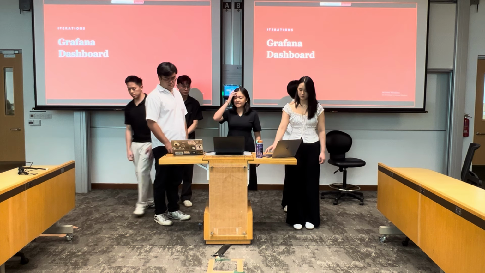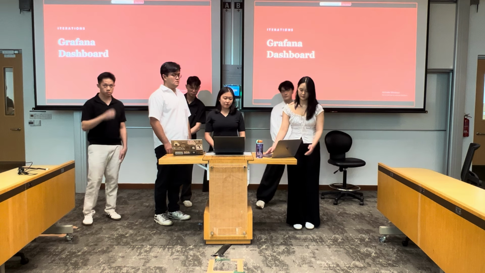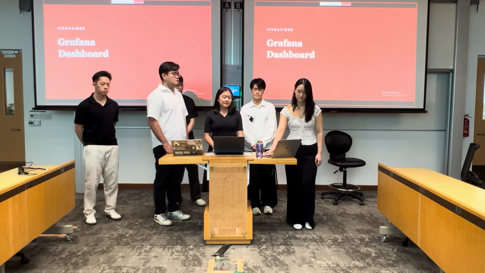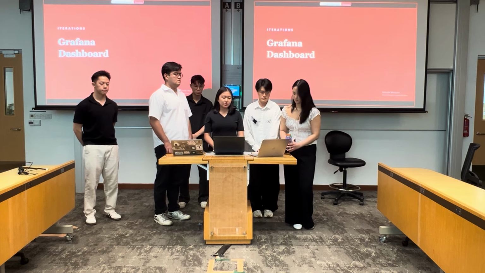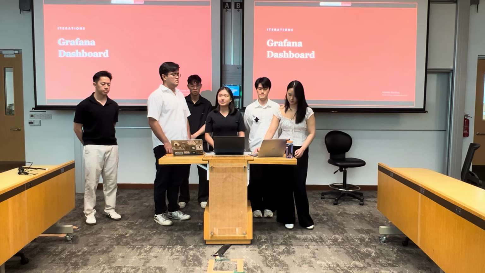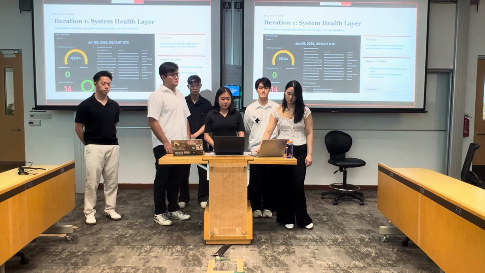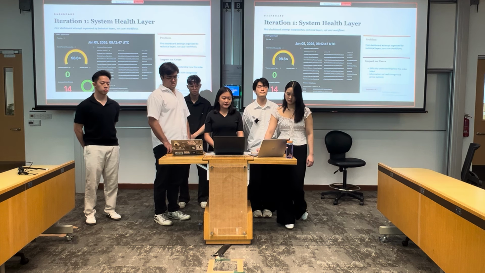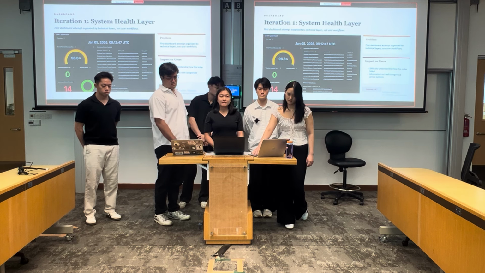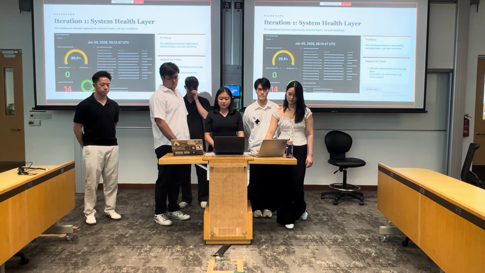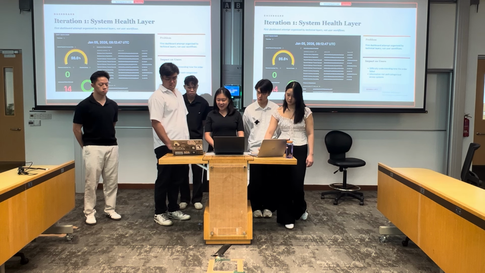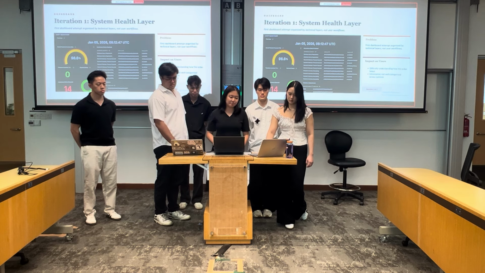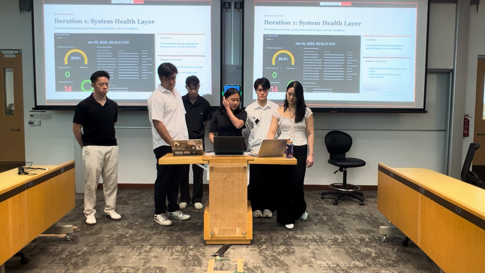So to visualize the detected anomalies, we use Grafana, and we'll present the initial iteration of our dashboard, followed by user testing, and conclude with the final iteration and a detailed walkthrough. So first, with the initial dashboard iteration, looking at this system health level, we organize the information by technical layers instead of user workflows.